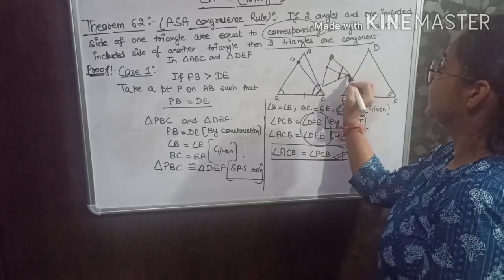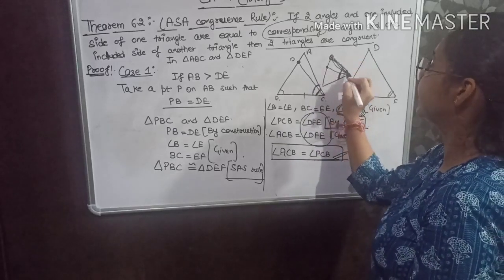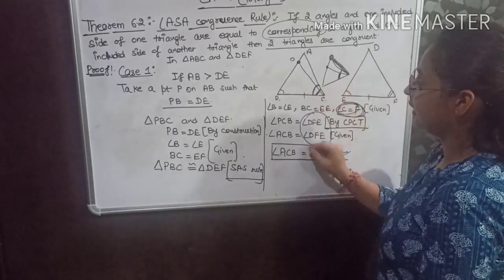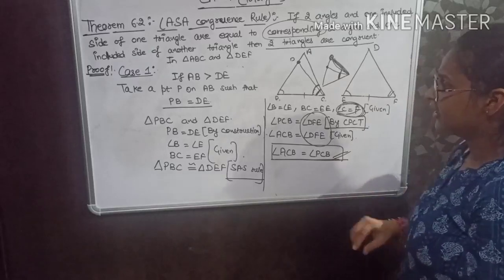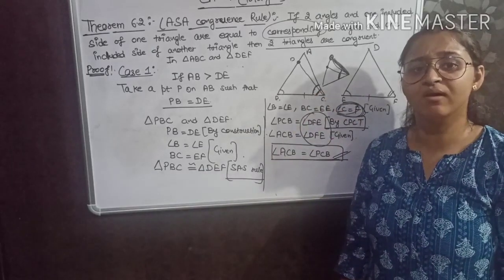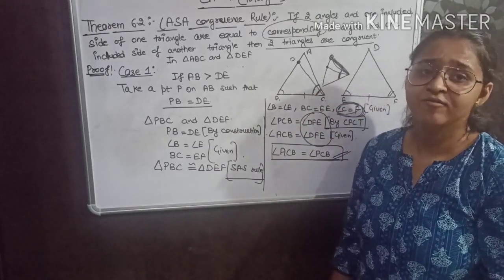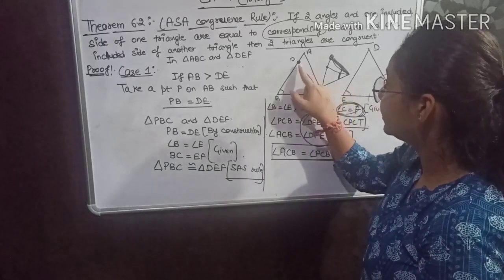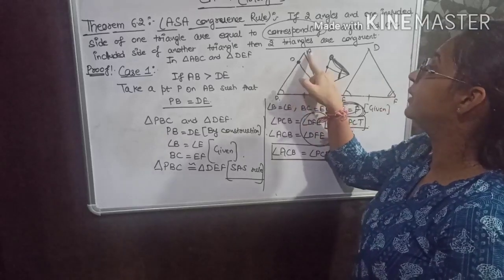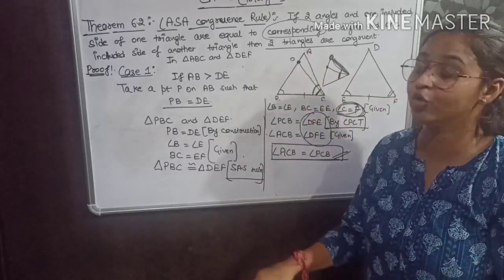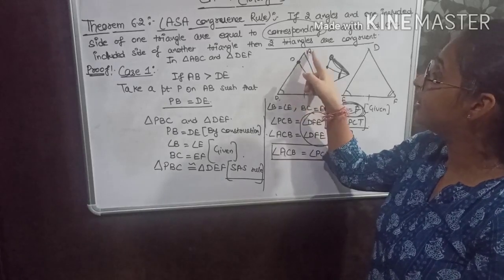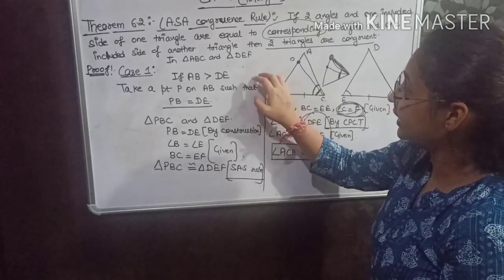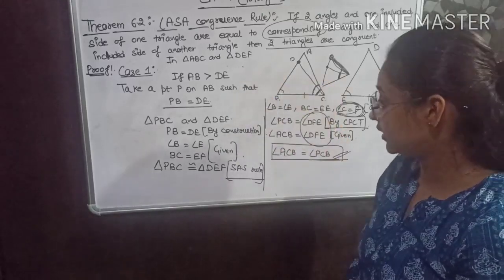It means this line will coincide with this line, because see, this is the complete angle and this is the smaller angle. Can these two angles be equal ever? When will it be equal? It will be equal only when point P will be equal to point A, or you can say that point P will lie on point A. This is the main thing in this second case that we have to understand.